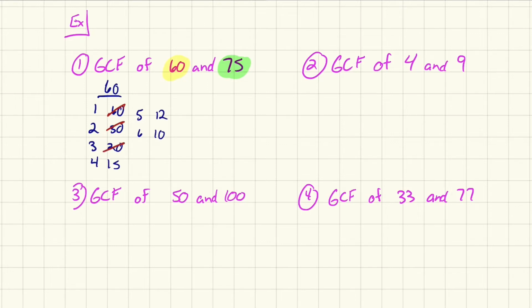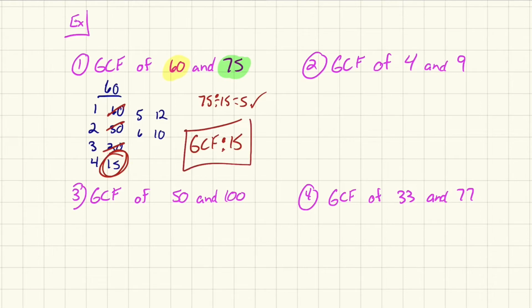And now we get to 15. Can 15 go into 75? Absolutely, right? 75 divided by 15 is 5. That works. So my greatest common factor between 60 and 75 is 15. So again, to handle this process, we found our factors of the first number, and then we found the largest one of those factors that also goes into the second number of 75.